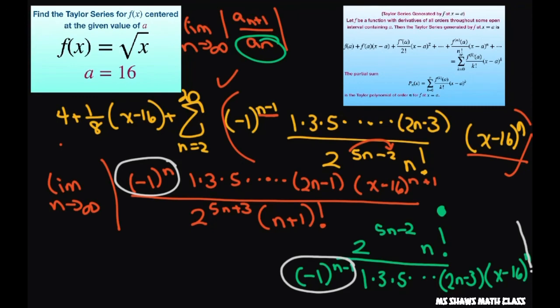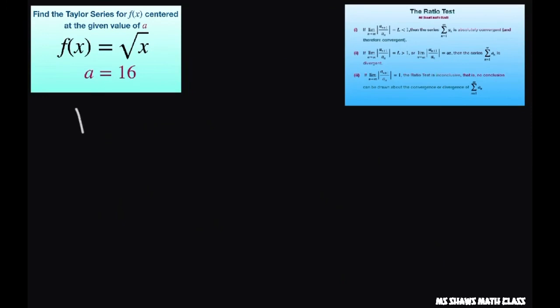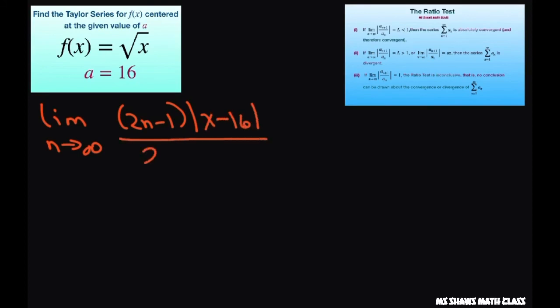So what we're going to end up getting is, let's just simplify, the limit as n approaches infinity of 2n minus 1 times the absolute value of x minus 16 divided by 2 to the 5th power times n plus 1. And this is going to be the absolute value of x minus 16 divided by 32.